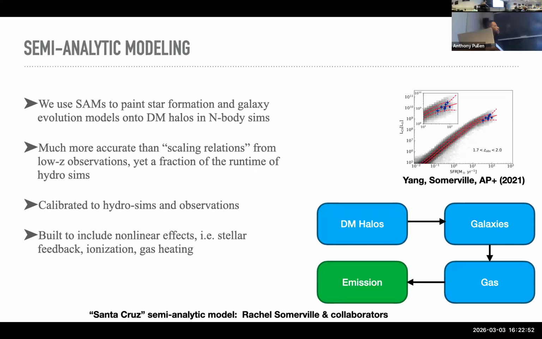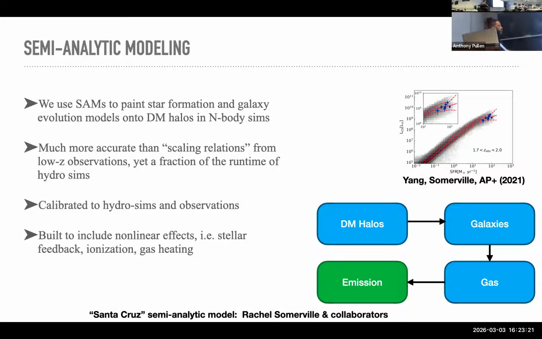We use what's called the Santa Cruz semi-analytic model, developed by Rachel Somerville at the Flatiron Institute. The model uses a semi-analytic approach to paint galaxies, and by modeling the dynamics of star formation as it affects molecular clouds, we're able to model how stars are formed inside galaxies.